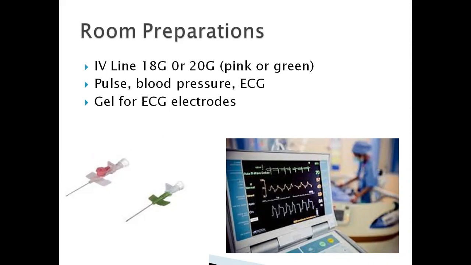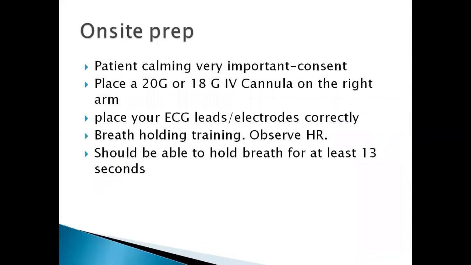As much as you can, try and use the green cannula because it's big and it allows you to inject contrast at a higher injection rate. But you may face certain patients where you fail to put in a green cannula, and if they are small enough, you may still go with a smaller cannula because you can still use 3.5 mils per second as your injection rate.